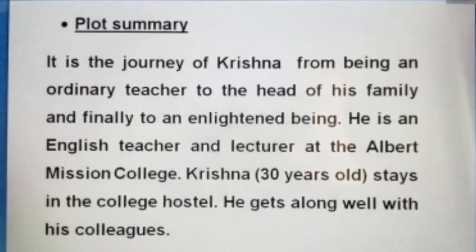Now let's analyze the summary of the work. The novel is the journey of Krishna from being an ordinary teacher to the head of his family and finally to an enlightened being. So the journey of Krishna's life is the sum total story of the novel, The English Teacher. He is the English teacher of the title of the novel.